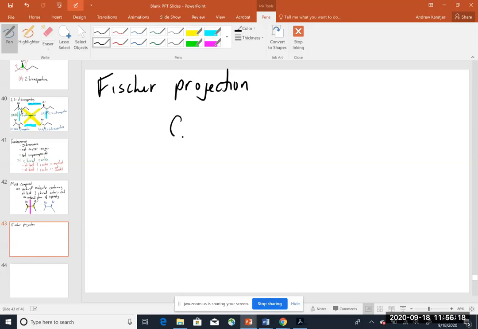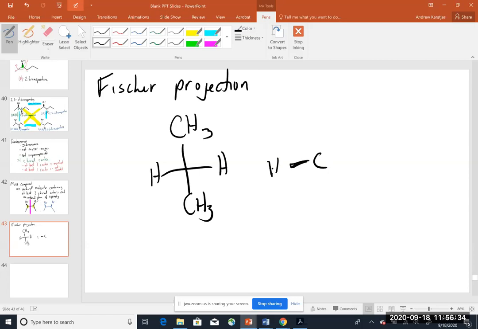So Fischer projections look like this in the simplest sense. And what this represents is the two groups to the side are pointing forward, and the other two groups are both pointing back.